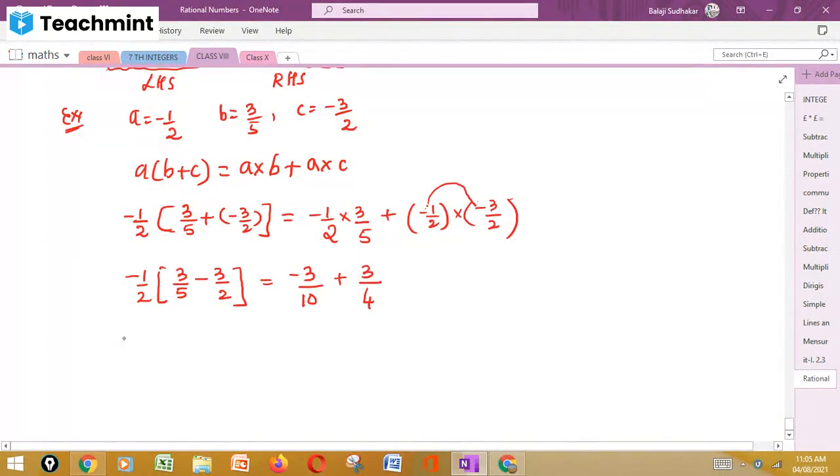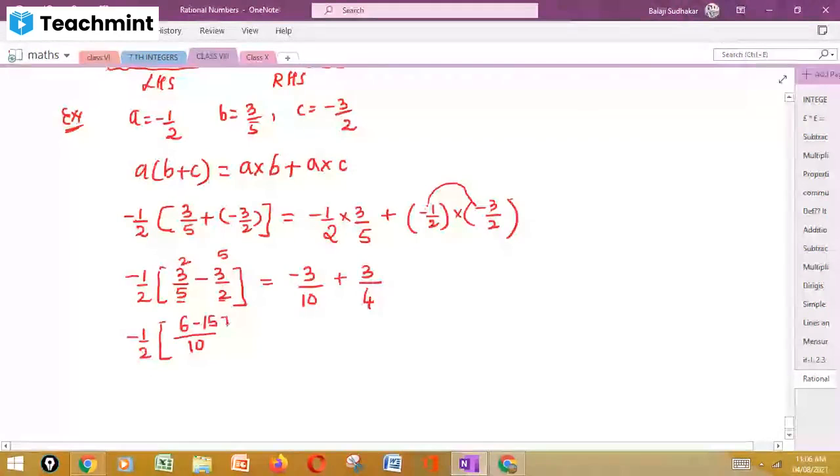Now again you have to solve the values inside the bracket. To find the next, we have to find the LCM of 5 and 10. The LCM is 10. 2 fives are 10, 2 times 3 is 6, minus 3 fives are 15.